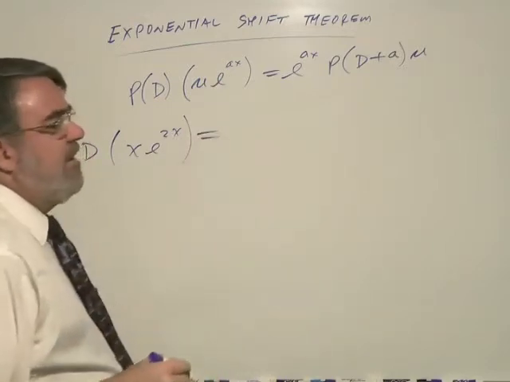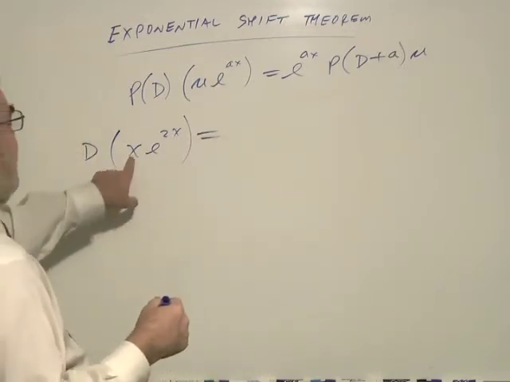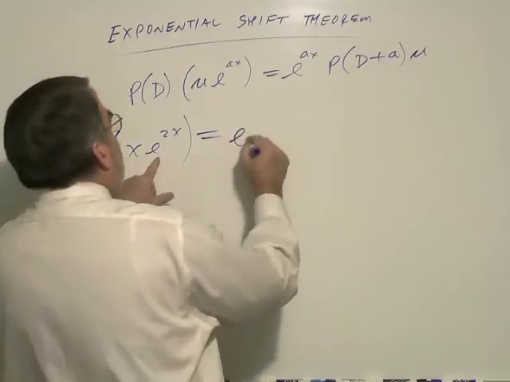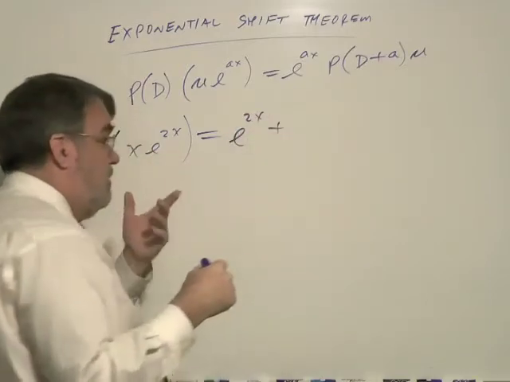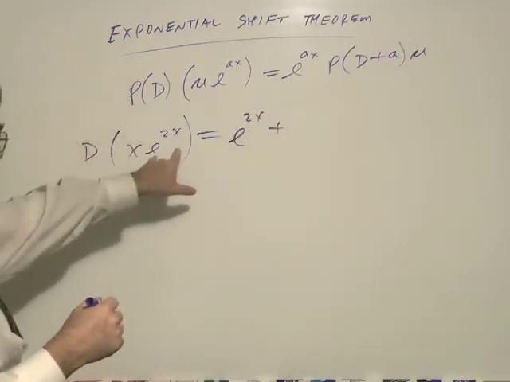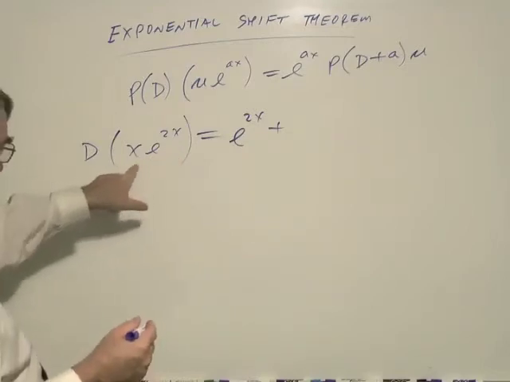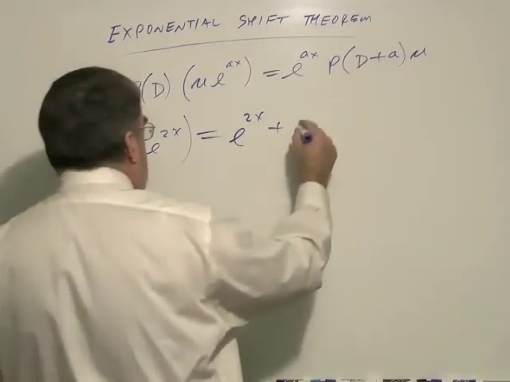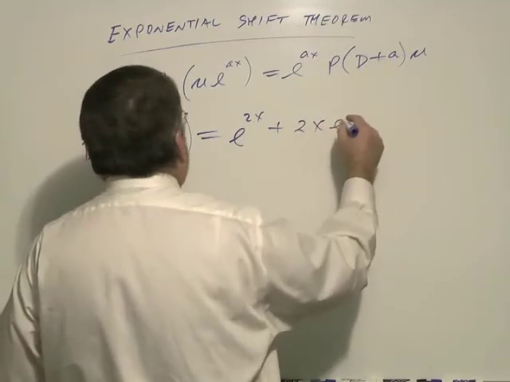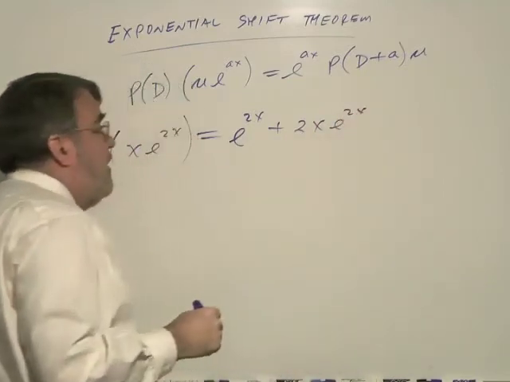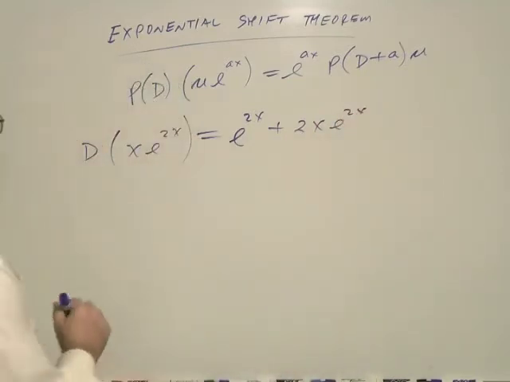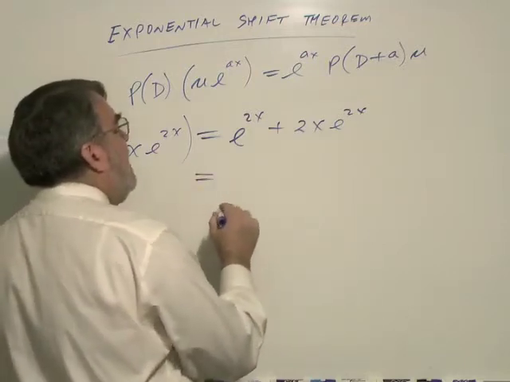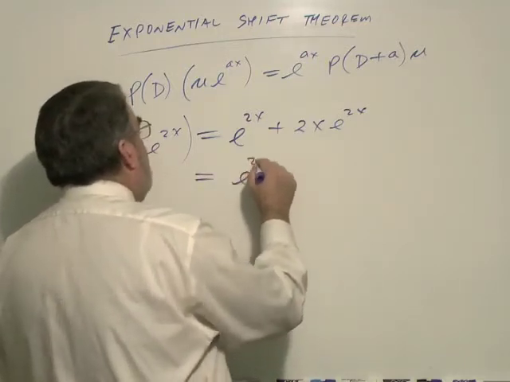Well, if you take the derivative of x, you get 1 times e to the 2x, plus we take the derivative of e to the 2x and then multiply it by x, so that ends up being 2x e to the 2x. There we go. Well, we can factor out e to the 2x.